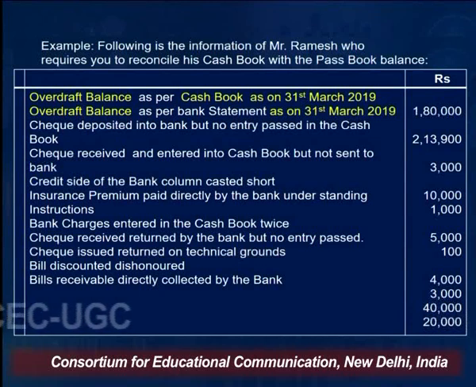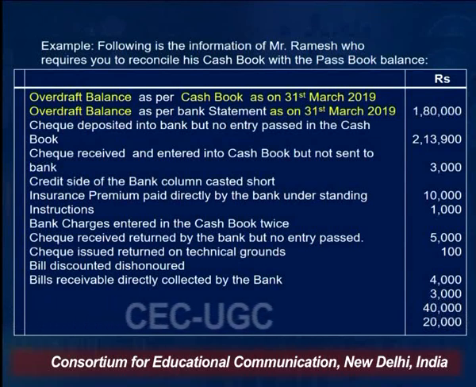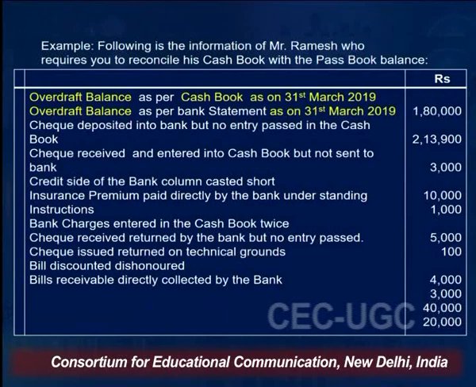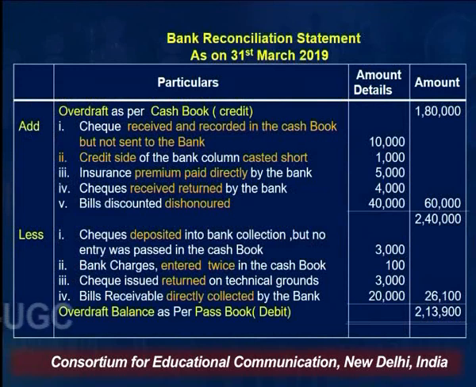To begin the bank reconciliation statement, we have to begin with either of these balances. So we are beginning with the overdraft balance as per the cash book, which means credit balance as per the cash book, a negative or unfavorable balance. This is given in the question as 1,80,000.